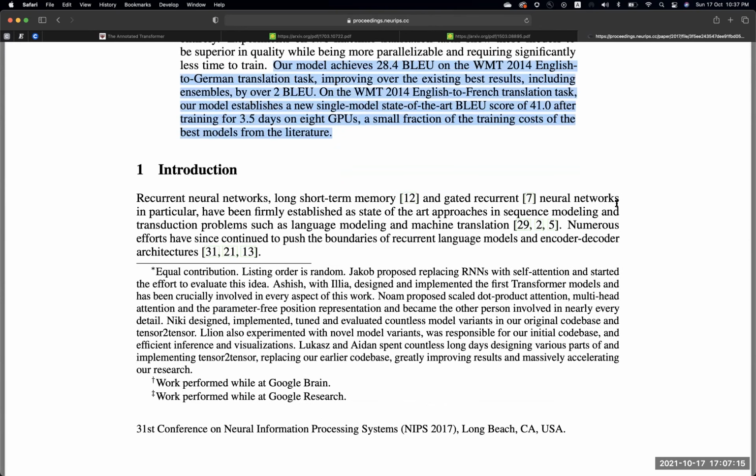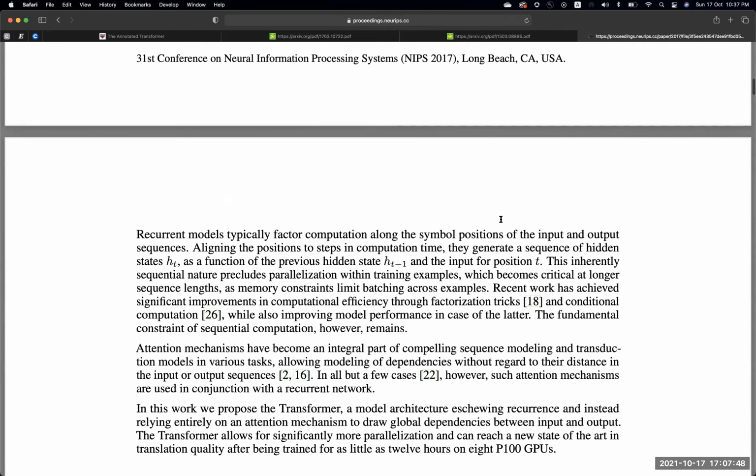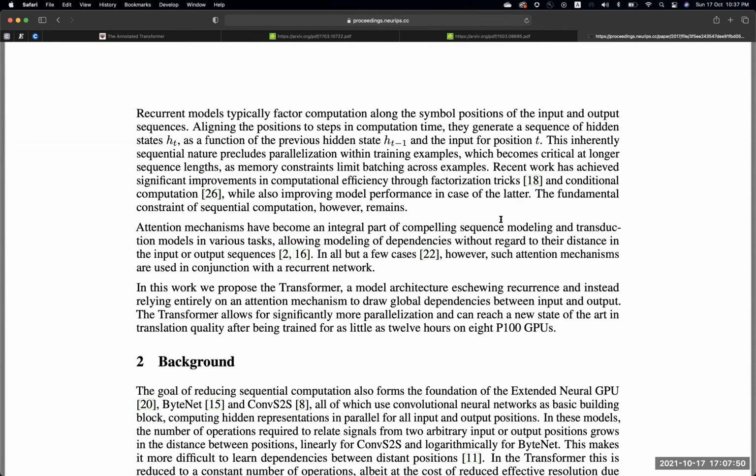In the introduction, what they have briefly told us is that state of the art, in 2017 when this paper came out, is achieved by transduction models which use sequence modeling and gated recurrent neural networks like RNNs. The main problem with them was that they did not scale.